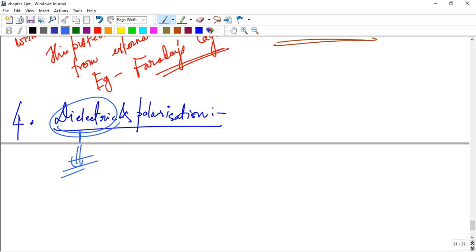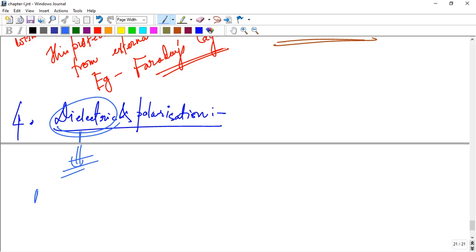And polarization is a vector, denoted P: dipole moment per unit volume of the dielectric. What is the effect? Polarization reduces the effective electric field inside a dielectric, where E0 is the external field and K is the dielectric constant, greater than 1. So what is a dielectric?